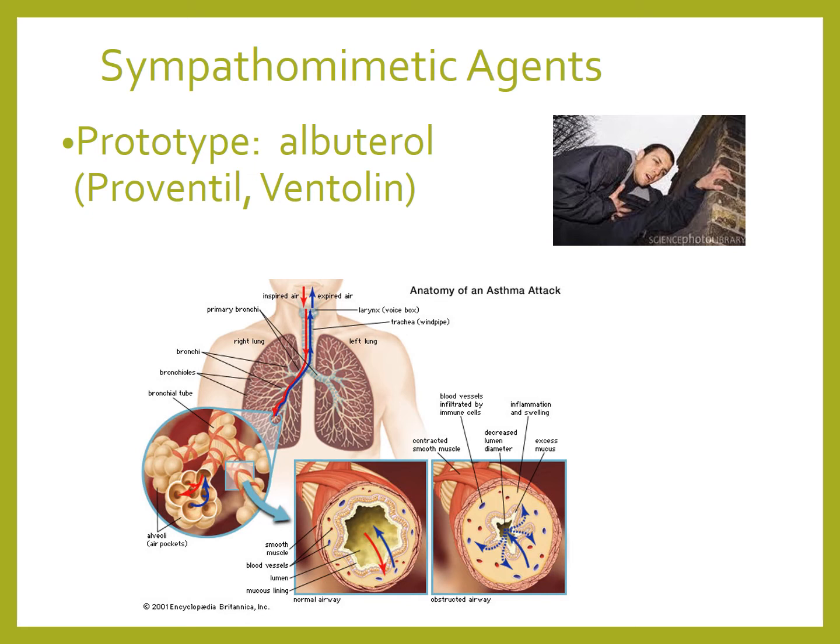You can also use a beta 2 as well as albuterol. Your drug of choice is going to be albuterol or Proventil. It is used for the bronchial dilation of an active lung disease. It basically causes the bronchial smooth muscle to relax so that it can open up and you can breathe much better.